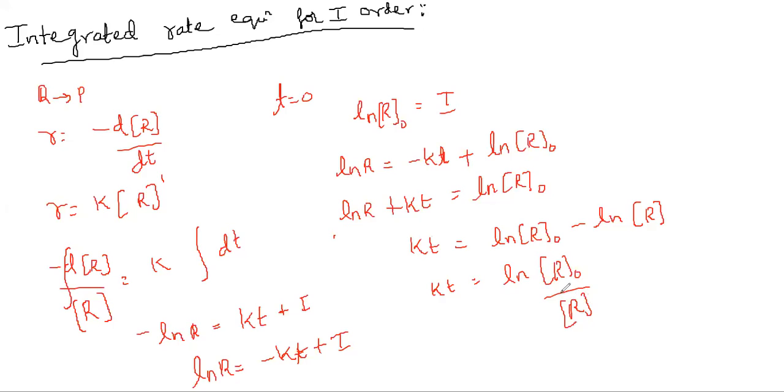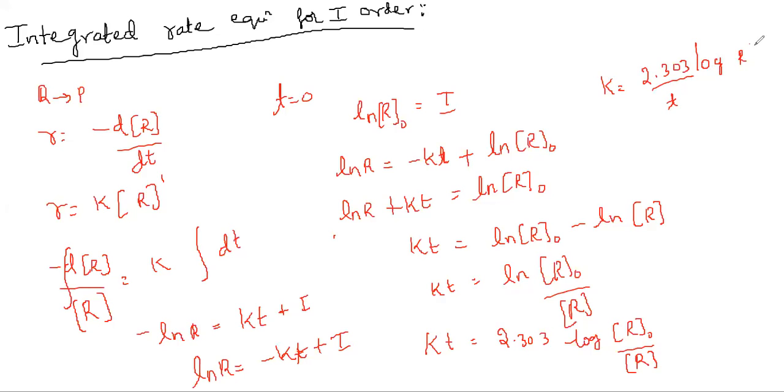So to convert this ln to log base 10, we multiply by 2.303. So therefore it will be 2.303 log of r naught by r. In this way, t comes down again. So therefore k is equal to 2.303 by t log of r naught by r.